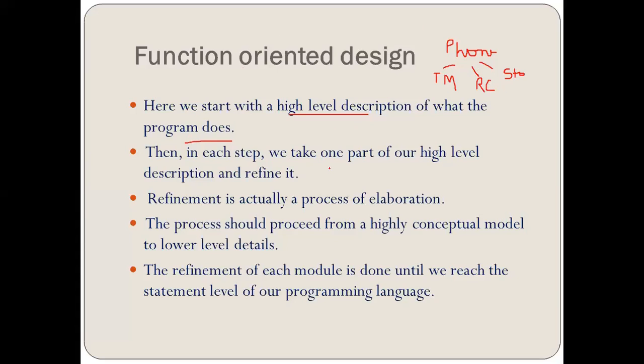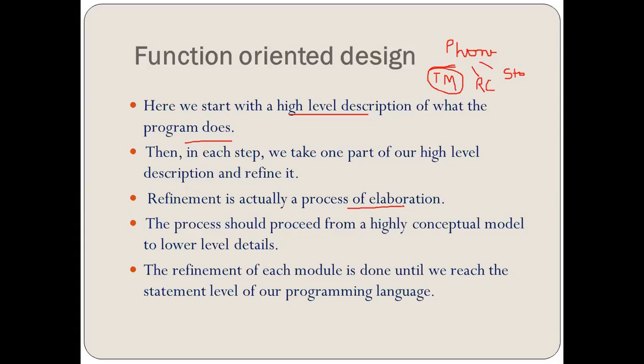Then in each step, we take one part of our high level description and refine it. We have three parts, so let's take the text messages. We are going to include all the sub modules, that is, we further refine it. This refinement process elaborates the functions.